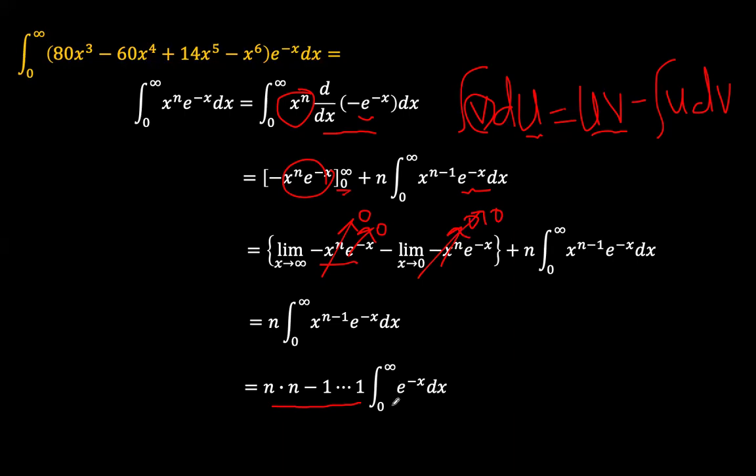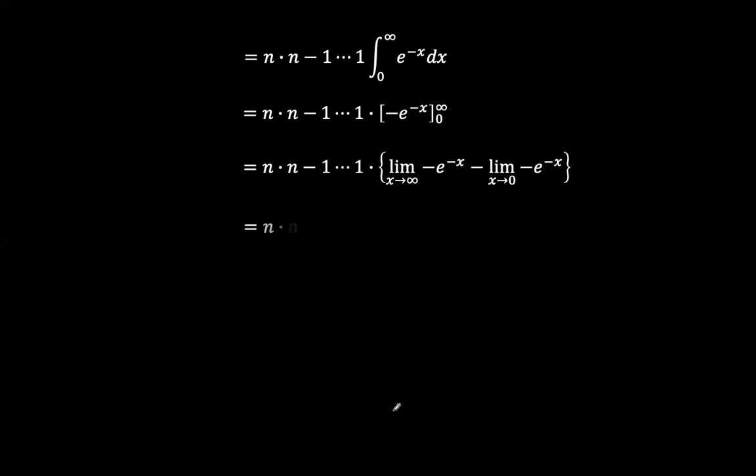When we integrate e to the power negative x from 0 to infinity, that becomes 1, because e to the power negative infinity tends to 0 and e to the power negative 0 is 1.